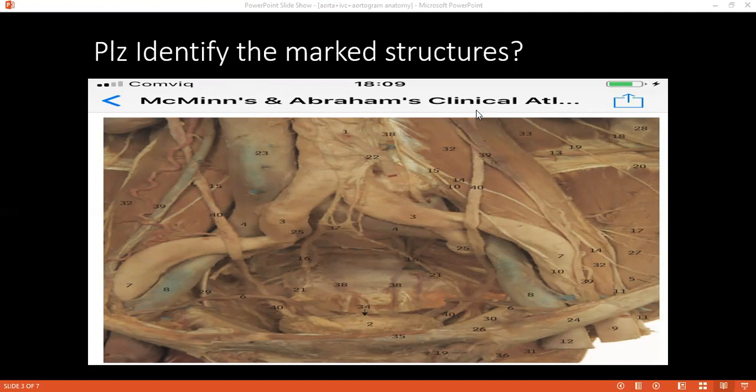Can you please tell me at what level the celiac artery arises? At T12. Very good. And what is the level of the superior mesenteric and inferior mesenteric arteries? Superior mesenteric at L1, and the inferior mesenteric at L3.